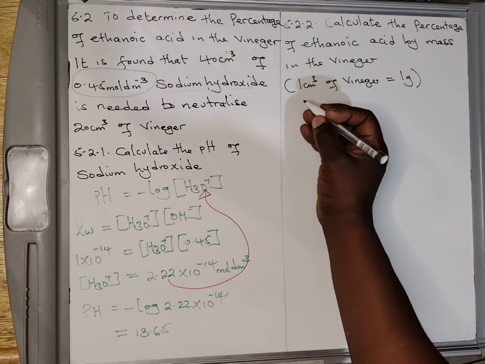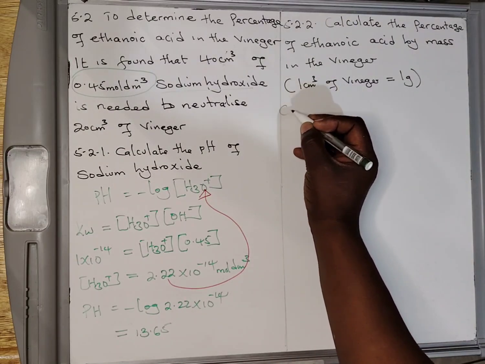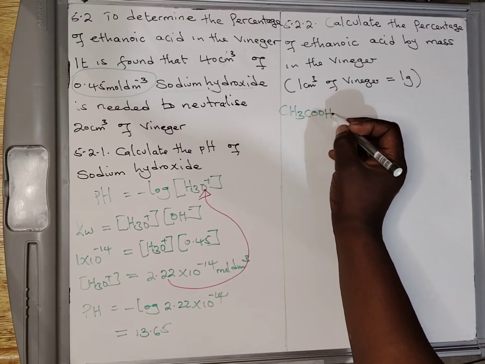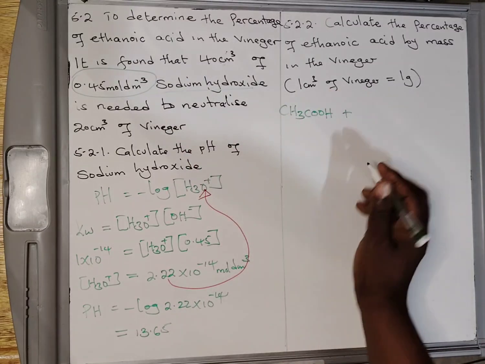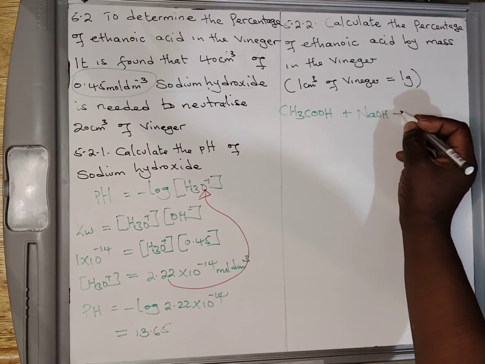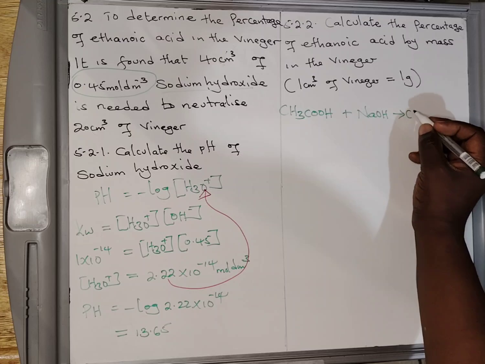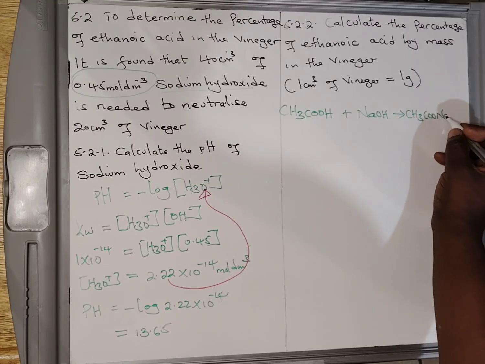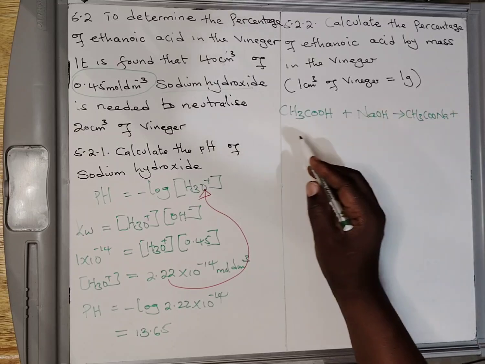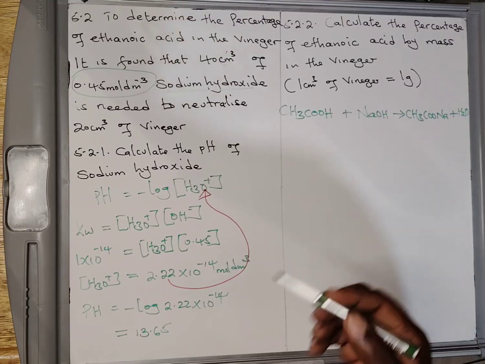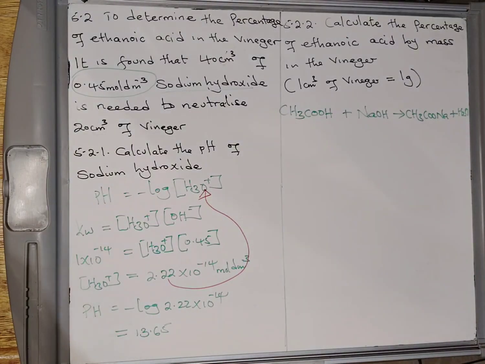We have a reaction between ethanoic acid and sodium hydroxide, giving you sodium ethanoate and water. That is the reaction.